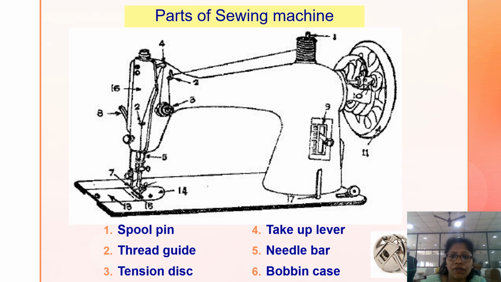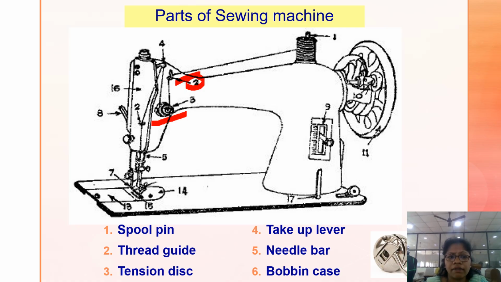The next one, if you move from the spool pin, is the thread guide. The second one will be the thread guide. The thread guide will be used to hold the thread in position, and also it guides the thread to the different parts of the machine. Coming to the next one, the third one is the tension disc.